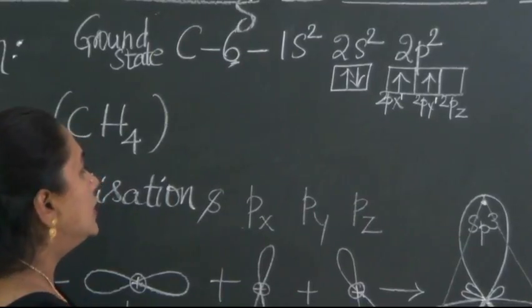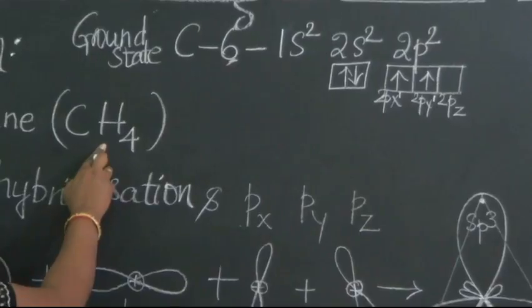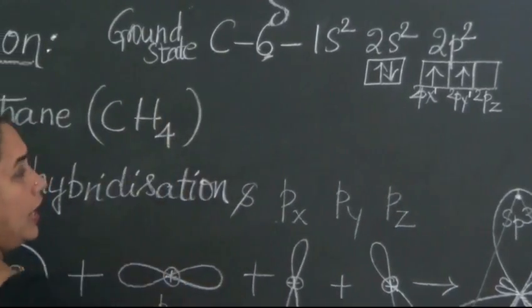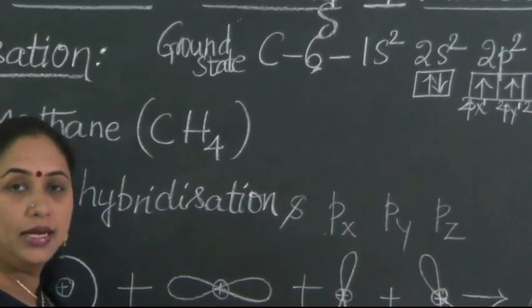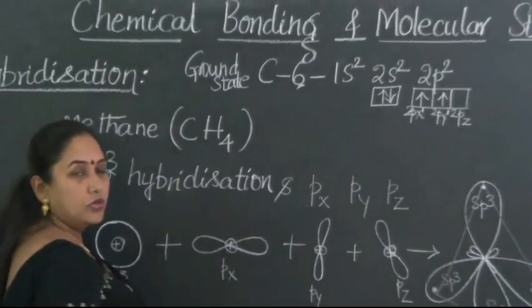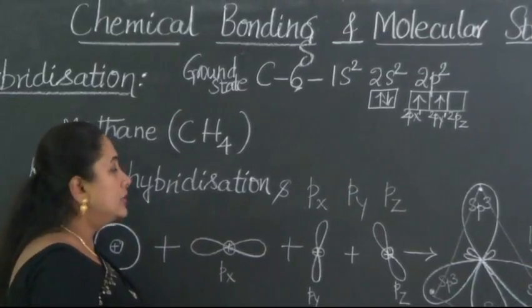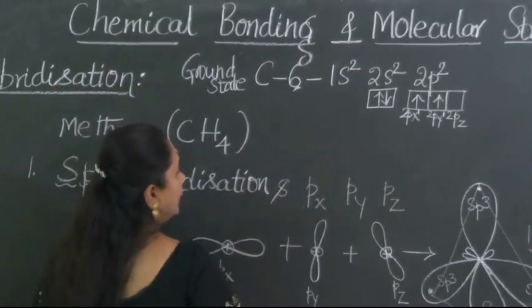So 2pz 0. Now as the hydrogen atoms approach the carbon atom, it gets excited because of the release of the energy due to the approach of the hydrogen atoms towards it. Now the configuration changes.